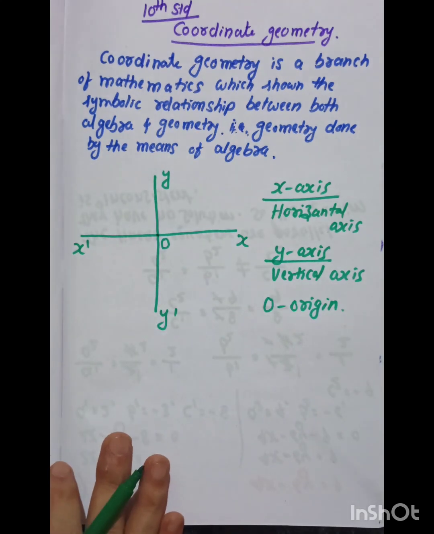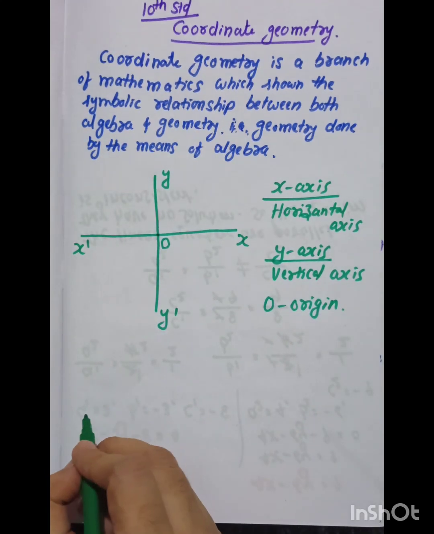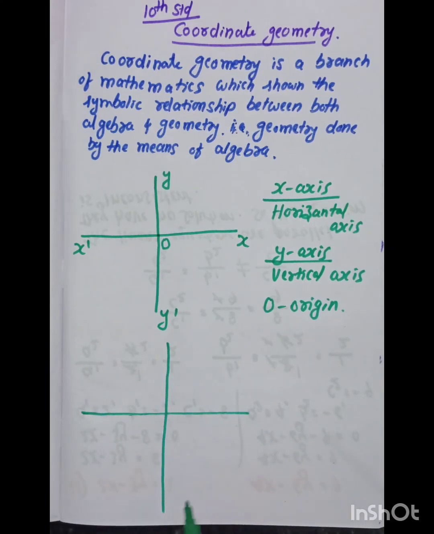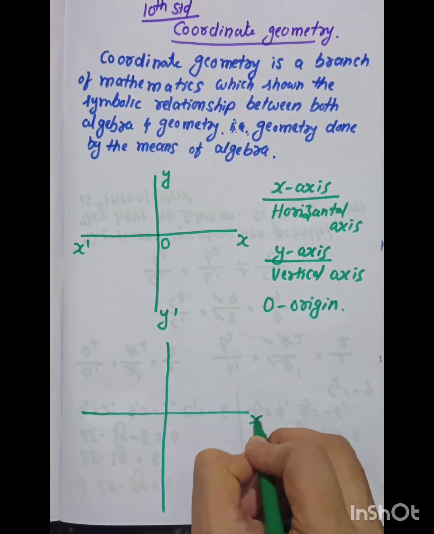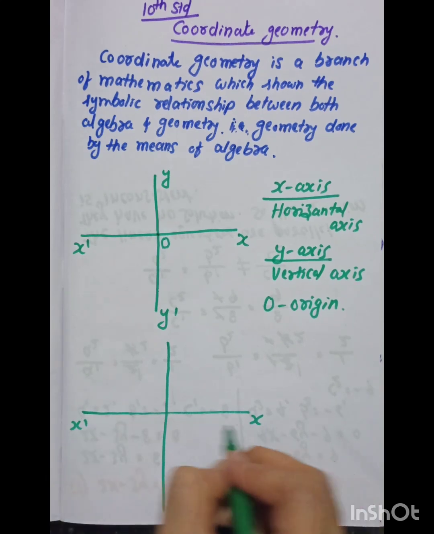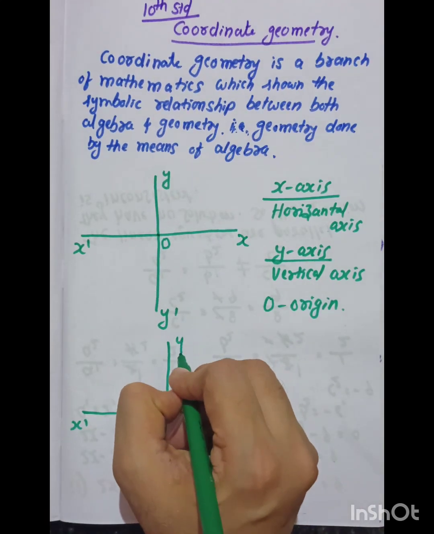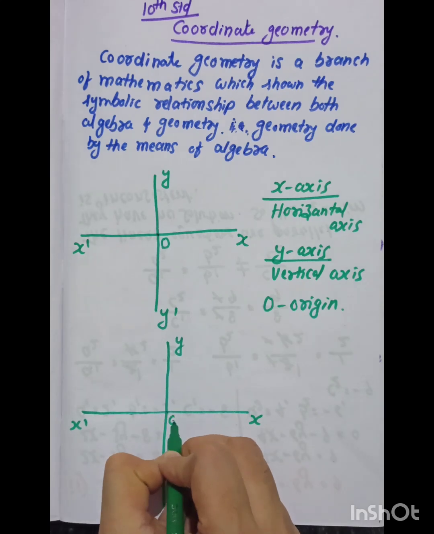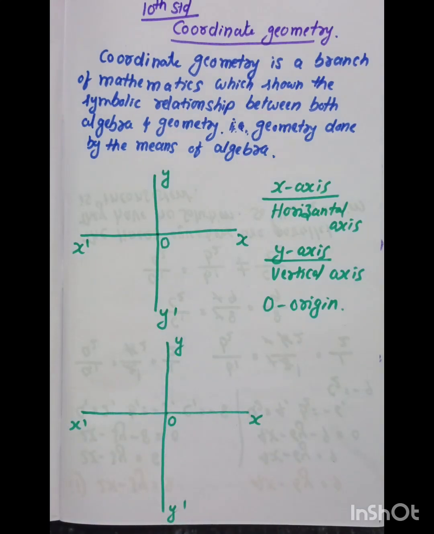Let's continue by drawing another plus here, which has the x axis and y axis. As it is x dash, it is x axis, that is the horizontal axis, y dash, it is the vertical axis, and we well know that it is the origin where both axes meet.